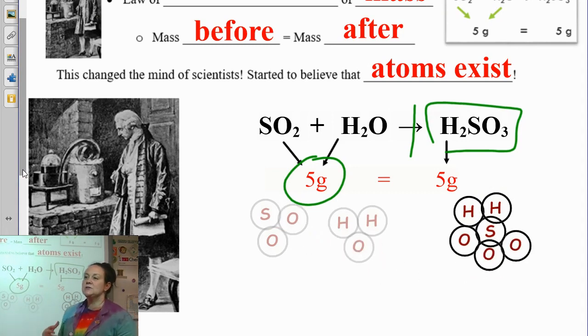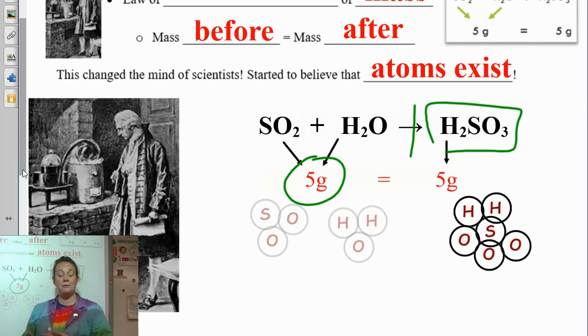So people started to believe that maybe atoms were the way to go, because they're just little puzzle pieces you rearrange, and you can take them apart and make something else. So he was really the first turning point to say, wait a second, Democritus might have been right. Let's take a look at this idea of the atoms.